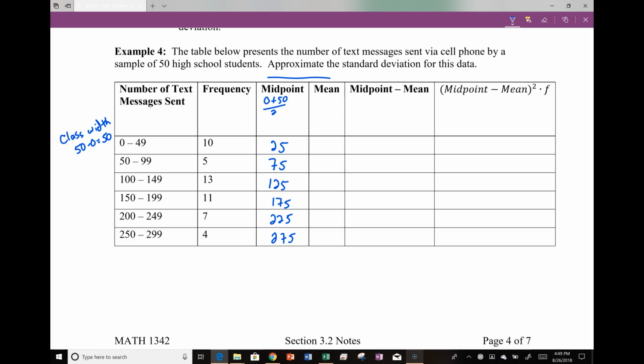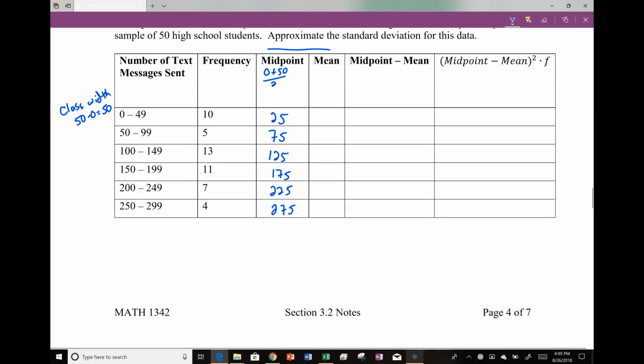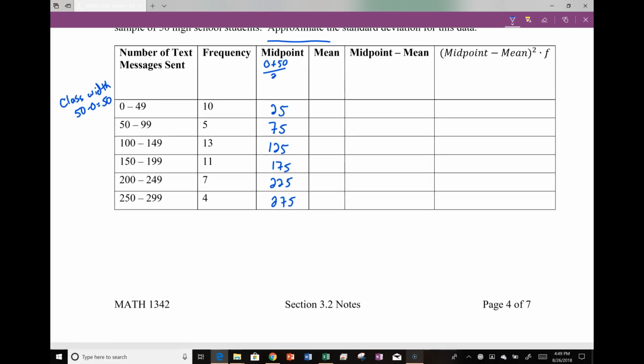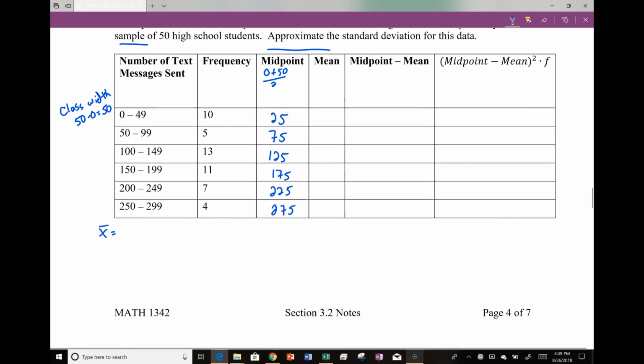Then I have to find the mean. Going back to previous sections, since this is a sample, I'm going to use X bar. For the mean, I'm going to take the frequency times the midpoint and add those up, then I'll divide.